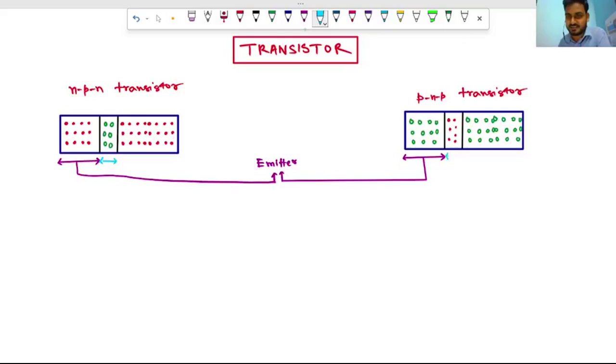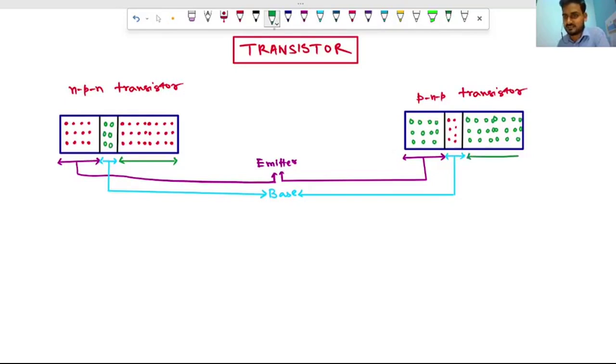This segment is known as the base of the transistor. And the third one is the collector.